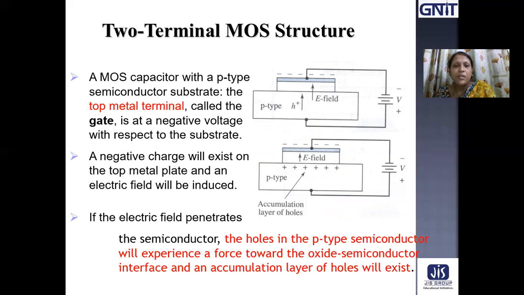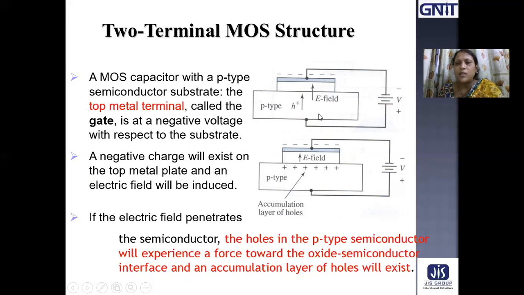So that is happening in case of the two terminal metal oxide semiconductor field effect transistor. Take a MOS capacitor with a P-type semiconductor substrate, where the top metal terminal called the gate is at negative voltage with respect to the substrate. So this is the gate metal, this is the SiO2 layer, and this is the P-type substrate. This is a metal layer, and this is semiconductor.